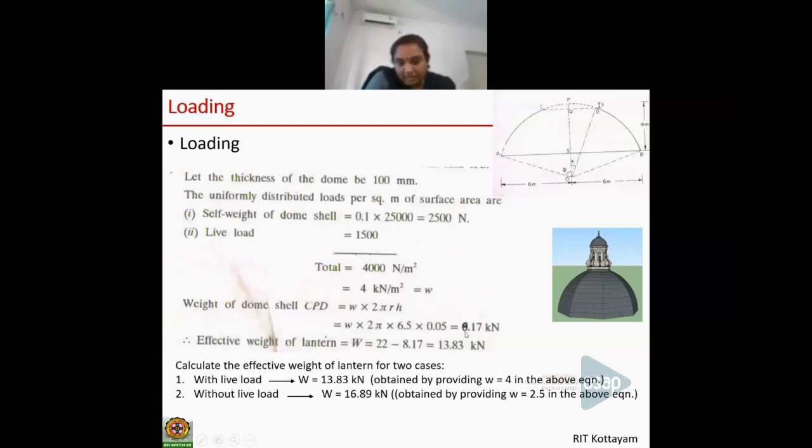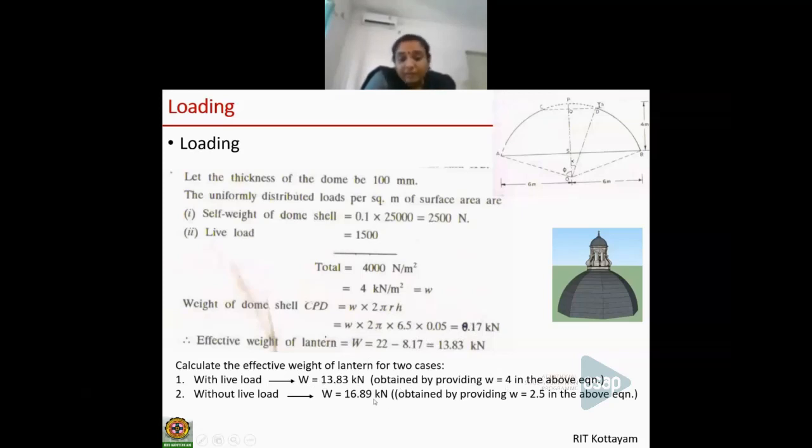This is an approximate. In the textbook, it is given as 0.17. It is actually 8.17, so you just have to calculate it. It is clearly written here. So it is 8.17. It's a printing mistake. So with live load, this is the value.